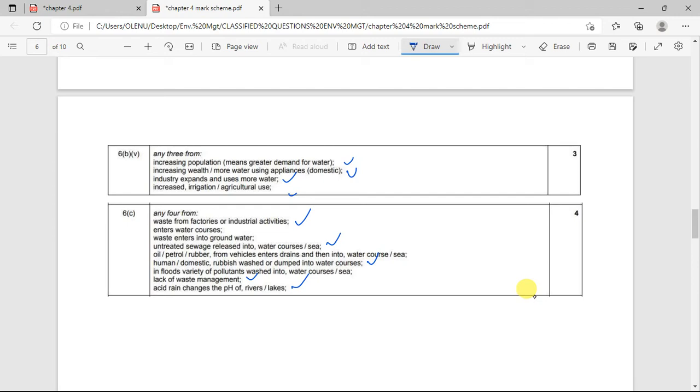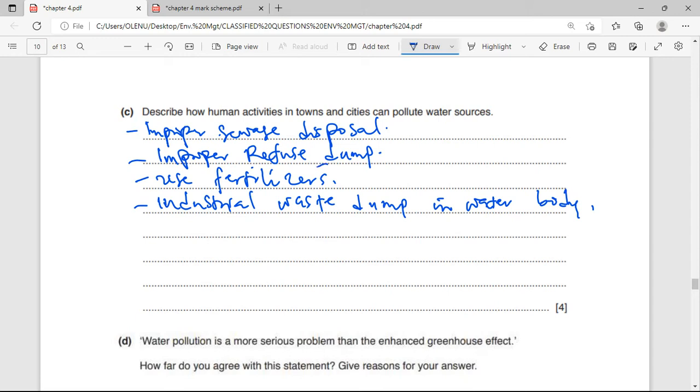Okay, there is no fertilizers here, because fertilizers will be majorly when you have rural areas, not around towns and cities.